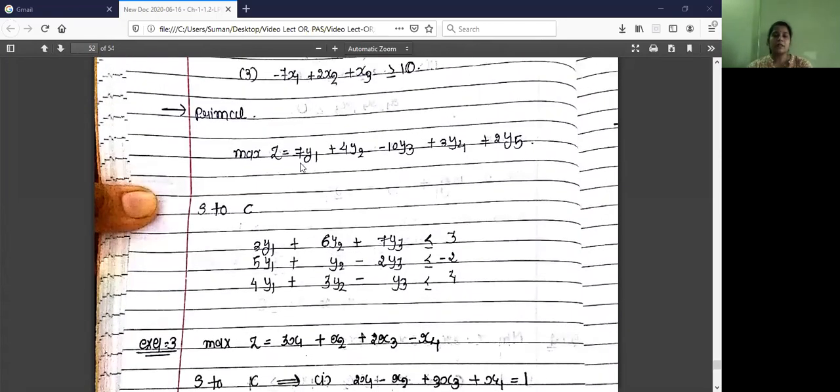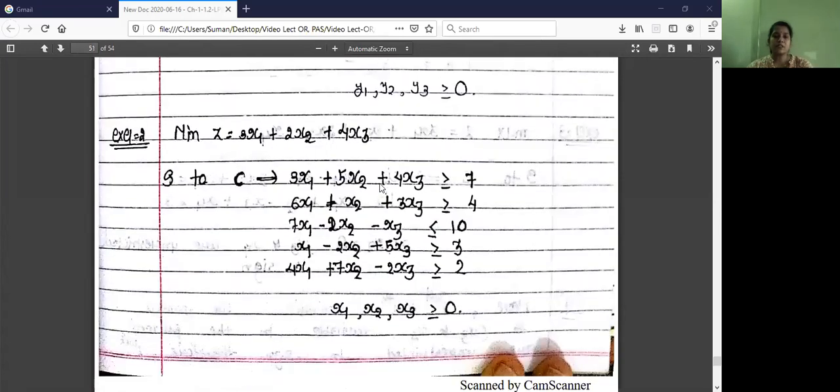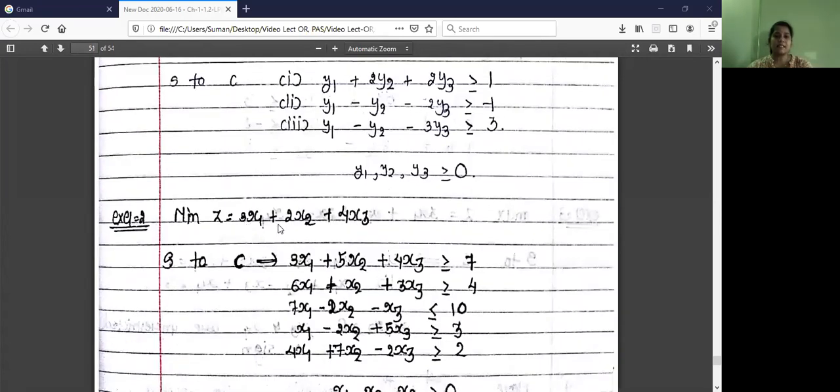Okay, so our subject to constraint is this, and this is our objective function. How many decision variables? 1, 2 and 3. So it depends on our objective function. When we make the primal, we have three constraint equations, because these coefficients form our constraint equations.